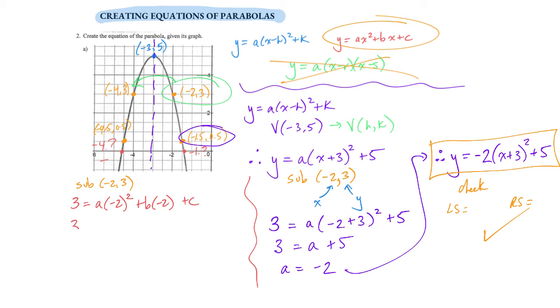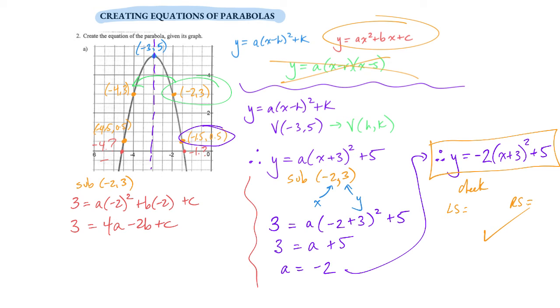Well, now I can calculate. And notice I just subbed in 1 point, and that gave me 1 equation. Now our problem is we've got 3 variables in there that we would have to solve for. We'd have to solve for A, B, and C. Some of you might be able to see where this goes.